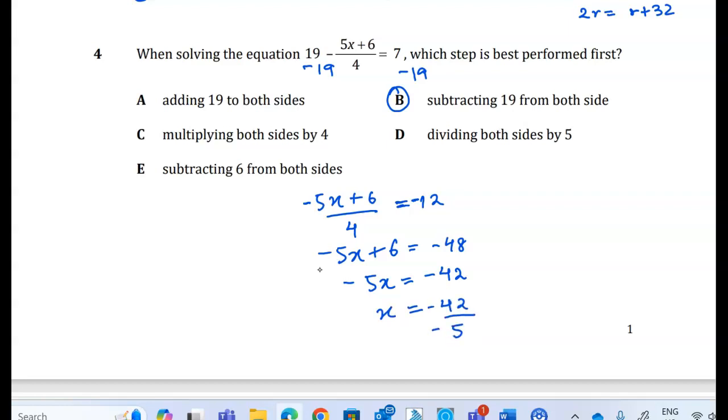Which is 42 over 5. You can put it as a mixed fraction. Hopefully I should not have made any mistake here. I have, sorry. When you're moving 6 to the other side, minus 48 minus 6 is minus 54, sorry.